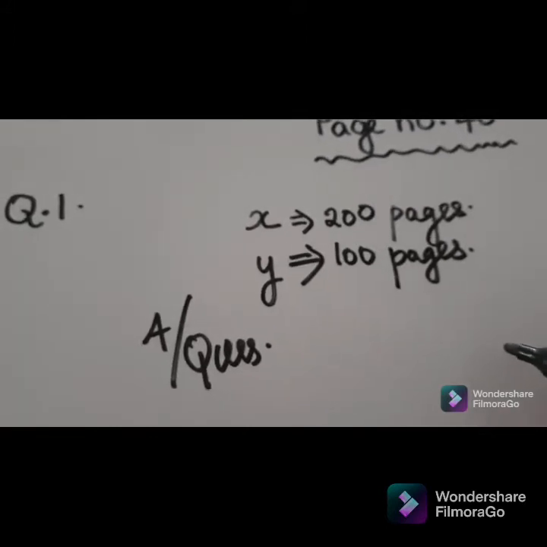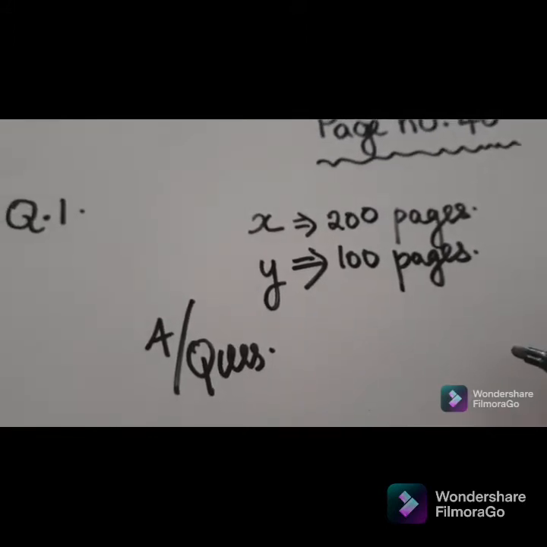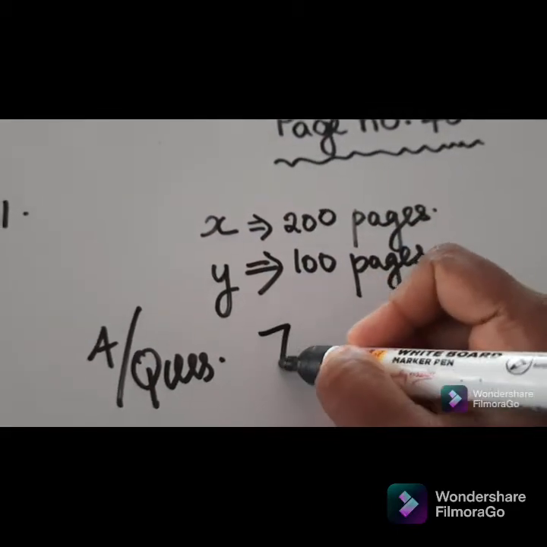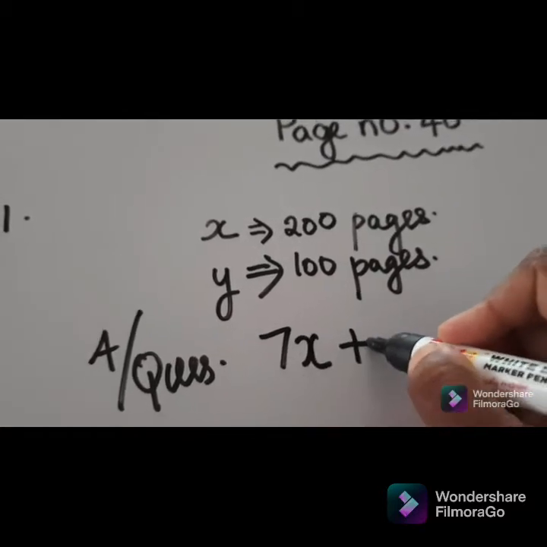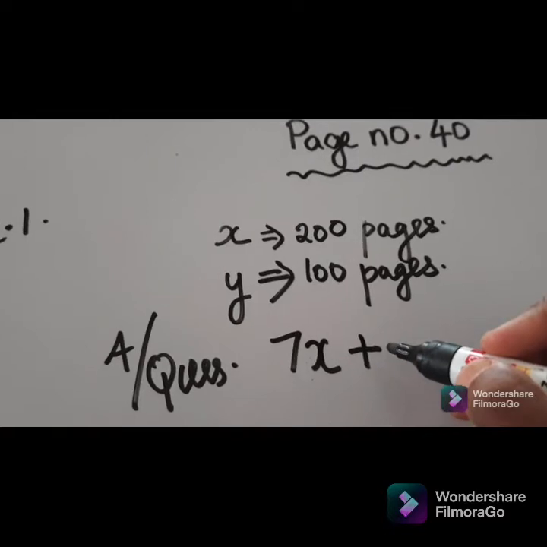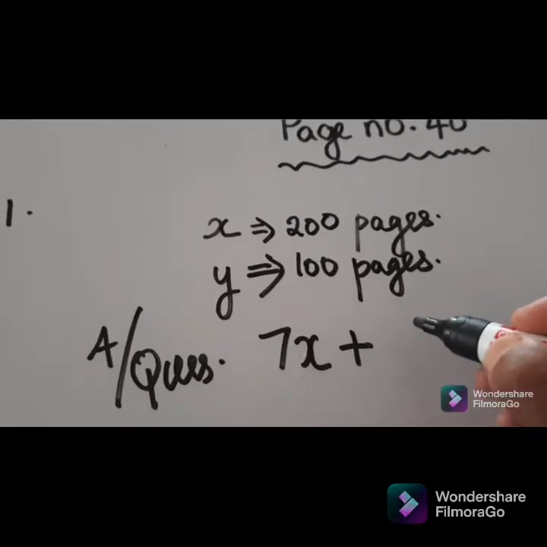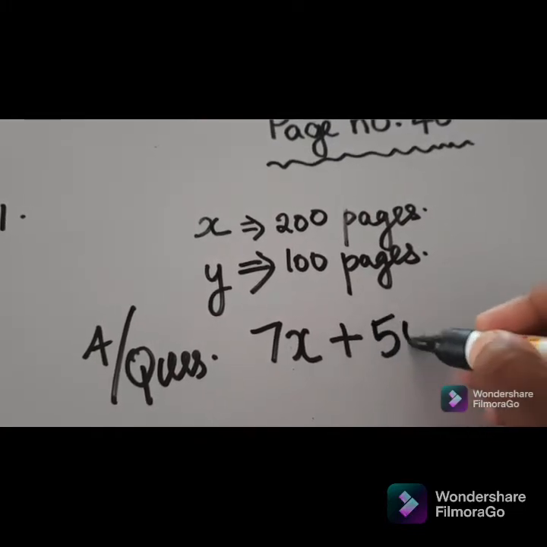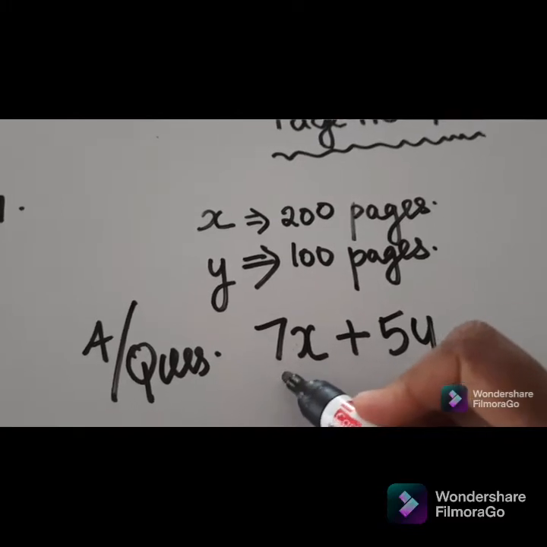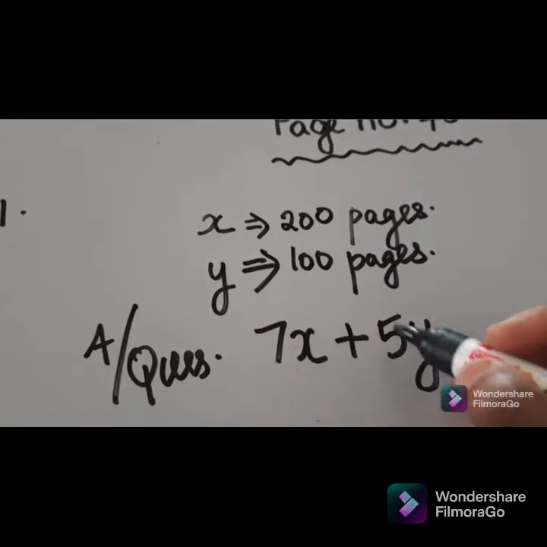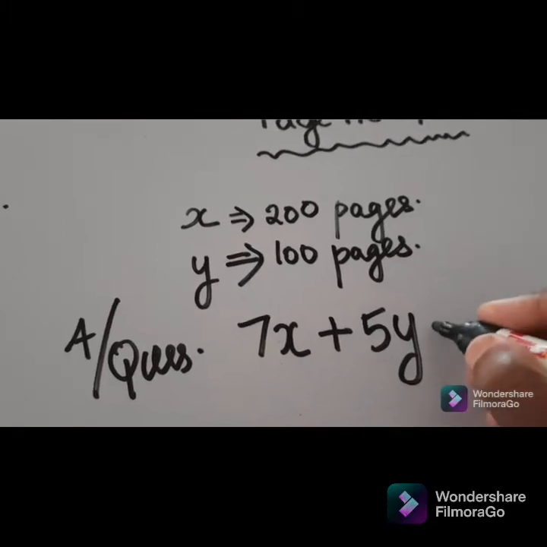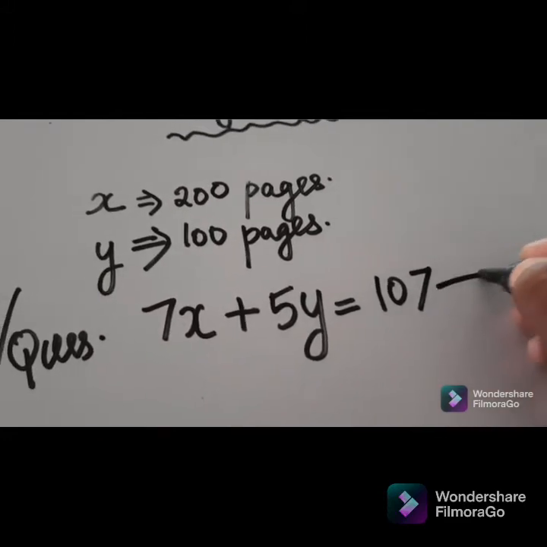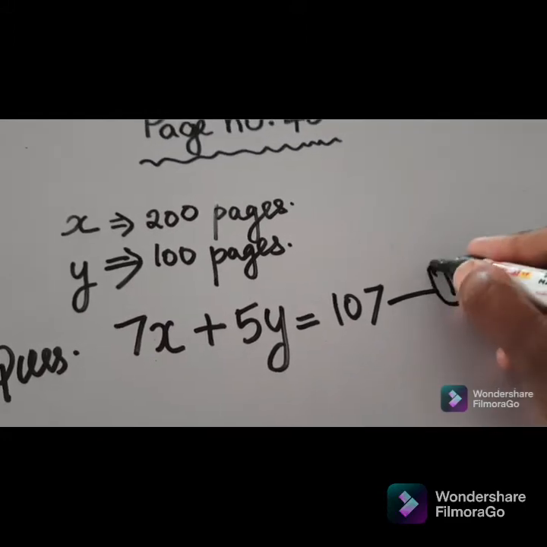Raju bought 7 notebooks of 200 pages, that means 7 into X. Then he bought 5 books of 100 pages, meaning Y, that is 5 into Y. Then he paid the amount 107. So we can give this as equation 1.